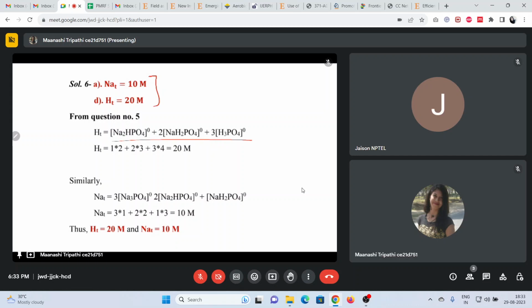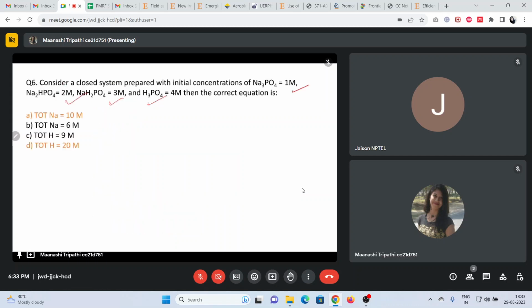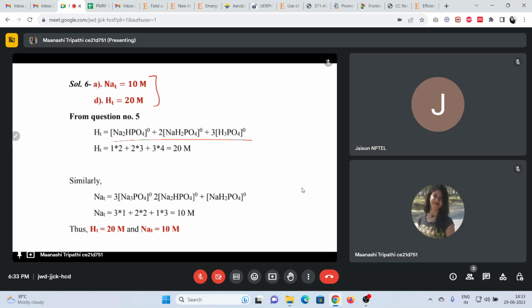So what is total HT? Because in this question we are given all the concentrations, 2 molar, 3 molar, 4 molar, 1 molar and so on, we can just use the equation that we got in question number 5 and put in HT, and we can calculate and we will get it as 20 molar.